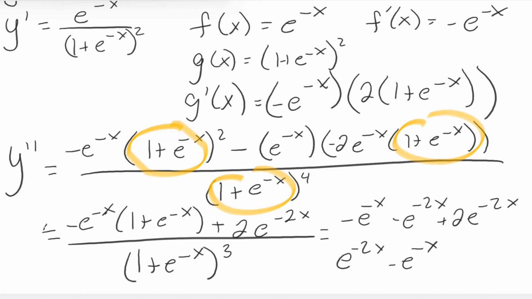So I just want to make sure I actually did my part right. f of x is e to the negative x, that's right. The derivative of that's that.